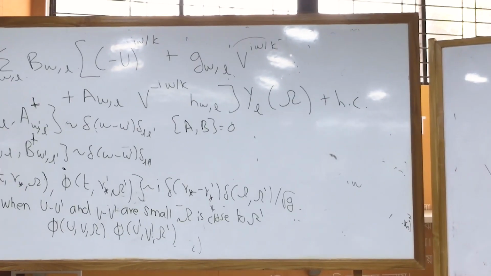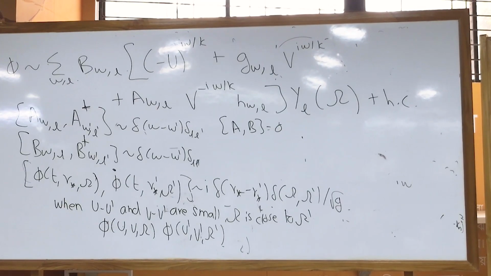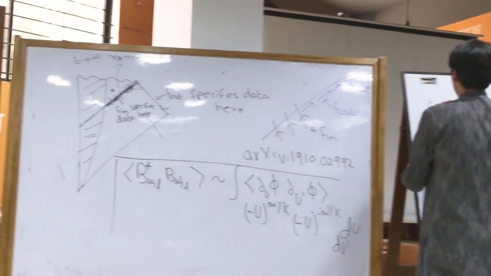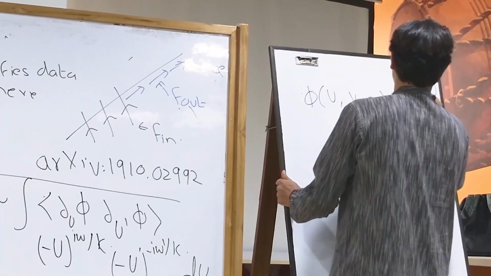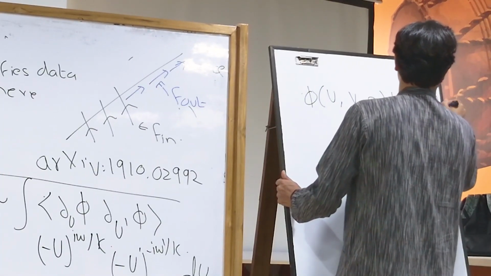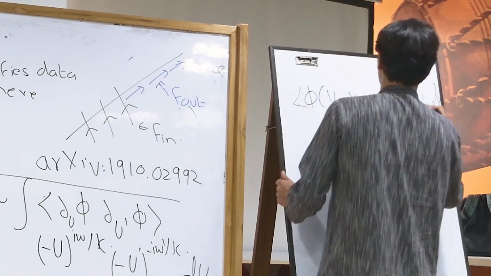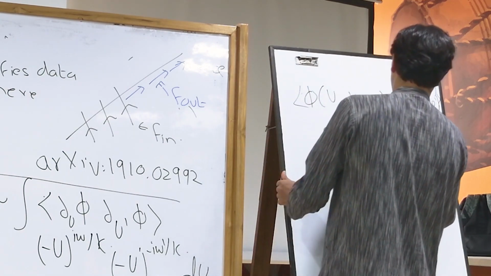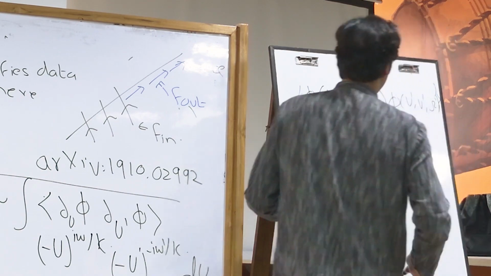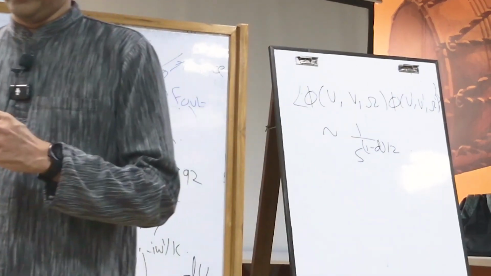So what I wrote there was when u and u prime are close, v and v prime are close, and omega and omega prime are close. All I want to say is that if you take this 2-point function, it goes like 1 by s to the power 1 minus d by 2, where this s is just the square of the geodesic distance.